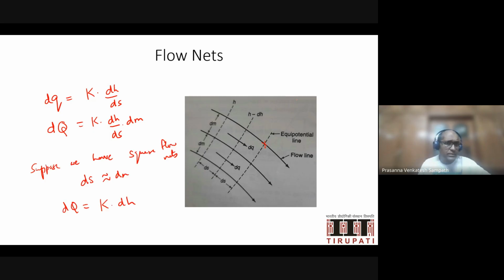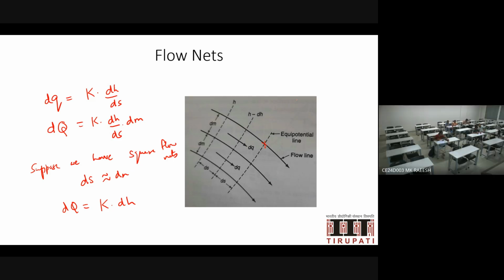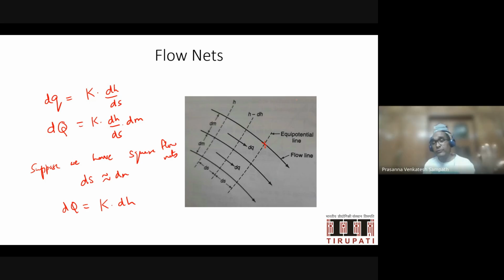Now, in the extreme case, if you have an ideal situation where the distance ds is equal to the distance dm, which is in my control as a person creating the flow net, then I get a simple expression: dq equal to k times dh. So just by looking at these equipotential lines and knowing the hydraulic conductivity in that region, I can figure out how much flow is happening per unit thickness.